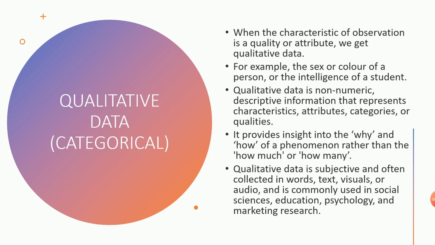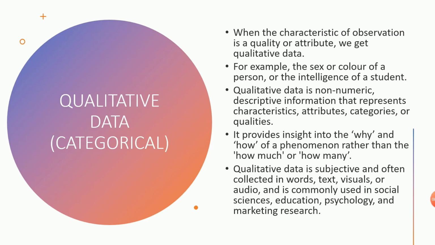So qualitative data is non-numeric descriptive information that represents characteristics, attributes, categories or qualities. So here we are using certain attributes and characteristics for categorizing the data. Here it provides insight to the why and how. There we saw how many, how much, how long.